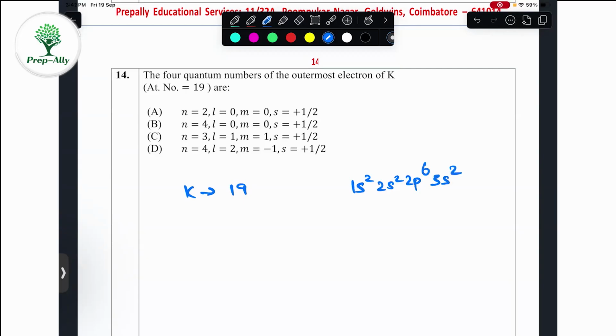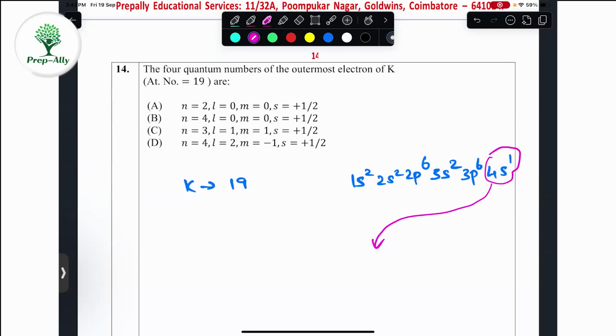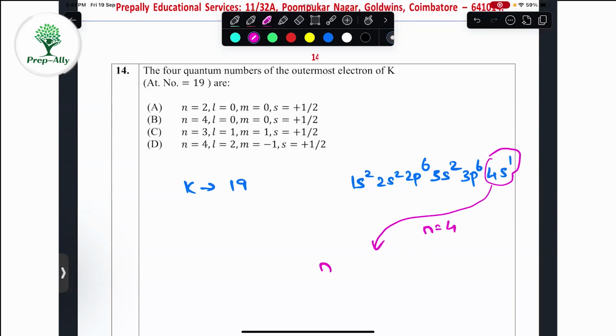Then now 12, 3p6, 18, and 1 electron will be in the 4s orbital. This is the electronic configuration of K. And we are asked to find the quantum numbers of this 4s electron. So n is equal to 4, directly you can write.